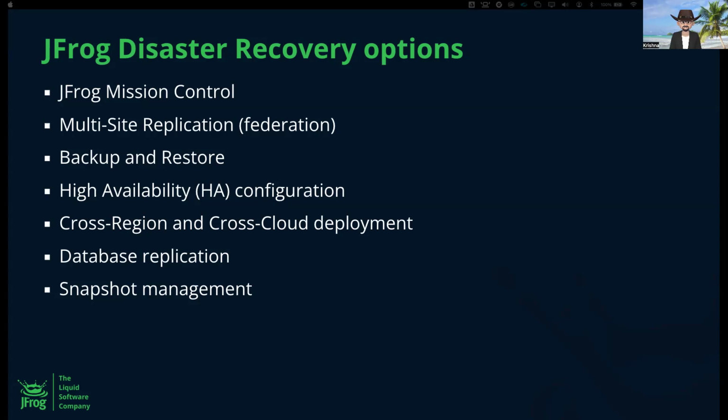In summary, implementing robust disaster recovery in JFrog Artifactory involves a combination of multi-site replication, regular backups, high availability configurations, and strategic use of cloud and database replication technologies.